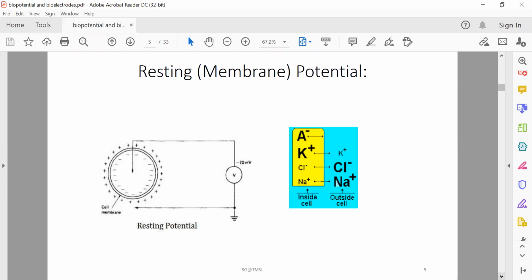The bioelectric signals produced in our body are due to the coordinated activity of a large group of excitation cells.